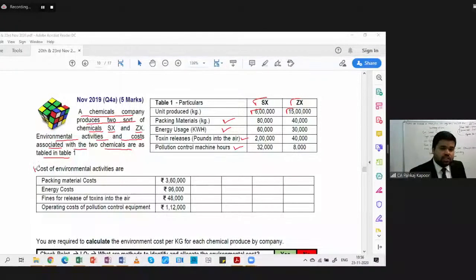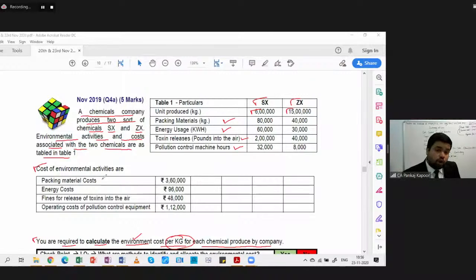Further, they gave us certain environment related costs. And what do they ask us? You are required to calculate the environment cost per kg for each chemical produced by the company. So you need to compute the environment cost per kg of chemical X and chemical Z.